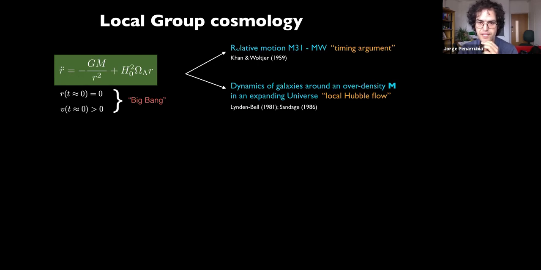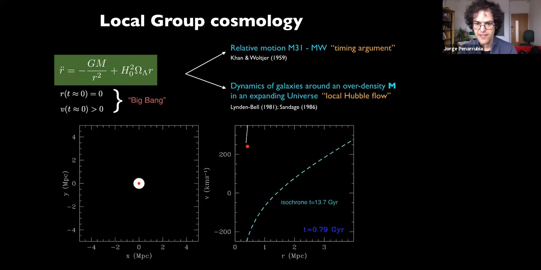The first one was introduced by Kahn and Woltjer in 1959, and used the relative motion between Andromeda and the Milky Way. This is what I'm going to call the timing argument, or the classical timing argument. But then Donald Lynden-Bell, later Allan Sandage, used this differential equation also to model the dynamics of galaxies around the local group, right? And that's the technique I've been using.